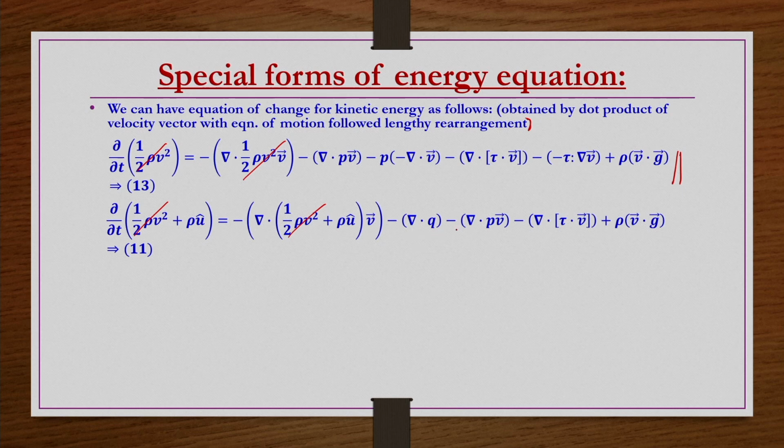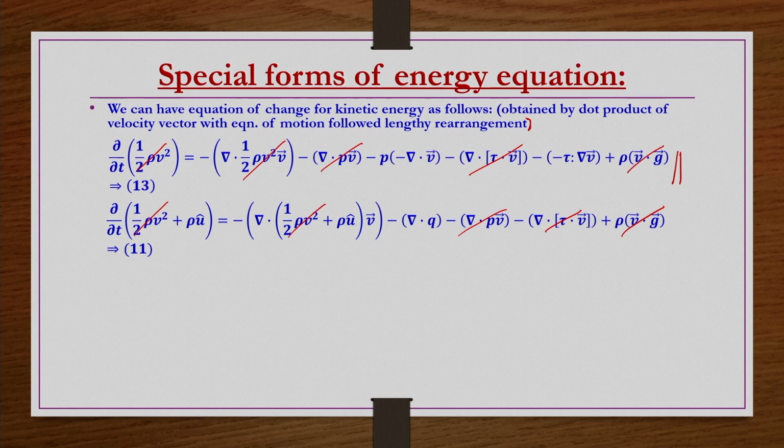Del dot q is already there. Minus del dot pv is here and also there, minus del dot tau dot v is here and also there, and rho v dot g is in both, so it will be cancelled out.